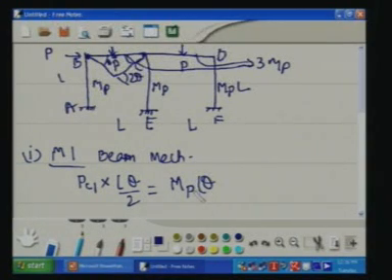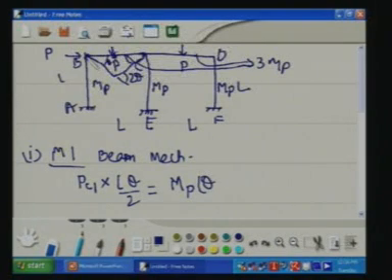Now, this is important here. This hinge will be formed at the tip of the column AB because the value of plastic moment is MP and the value of plastic moment in the beam is thrice MP, 3 times more than the value of plastic moment in the column.